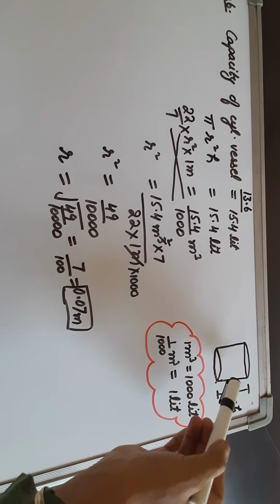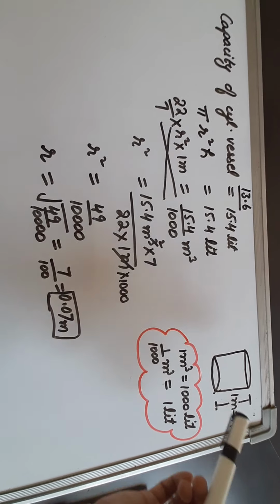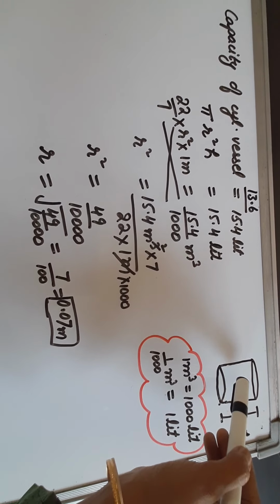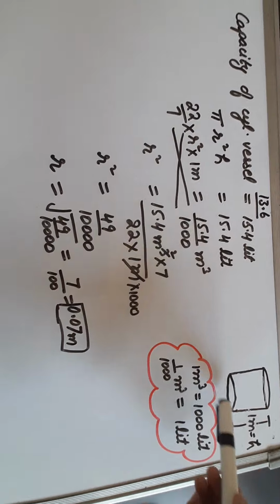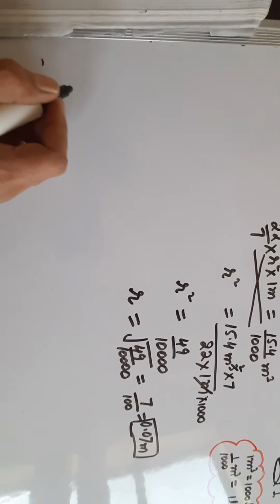Now we have to find out the area of the metal sheet required in making this vessel. Now where do we use the metal sheet? We will use the metal sheet in making the cylindrical portion as well as the lid and the base. That means the total surface area needs to be found. So what do we write?